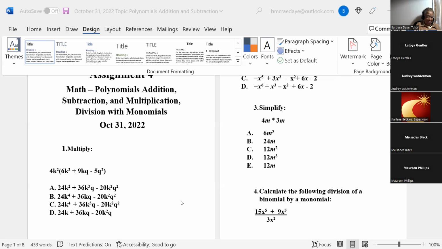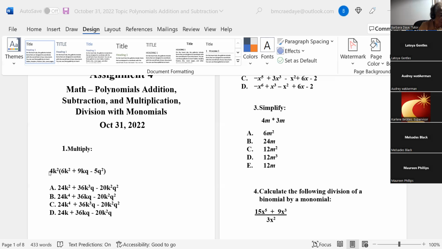So, Mercedes, when you multiply 4k to the second times 6k to the second, what do you get? I got 4 times 6 is 24, and what's the power? I think it's 4. It's 4, that's right, because you add the exponents.